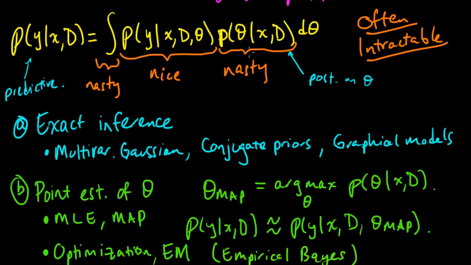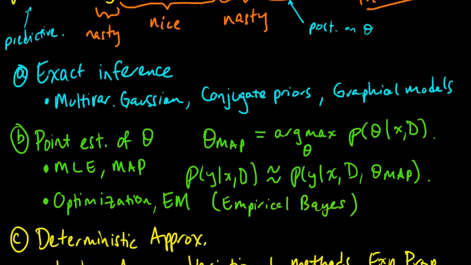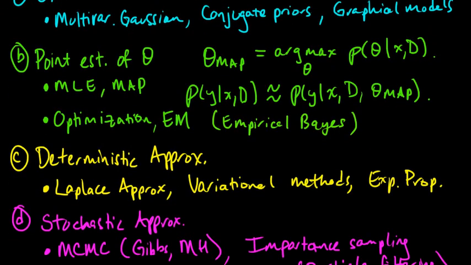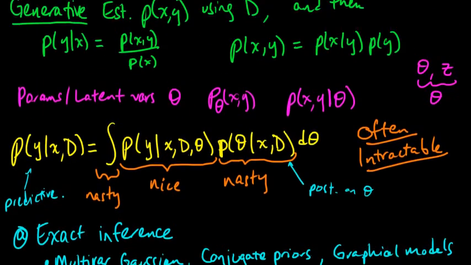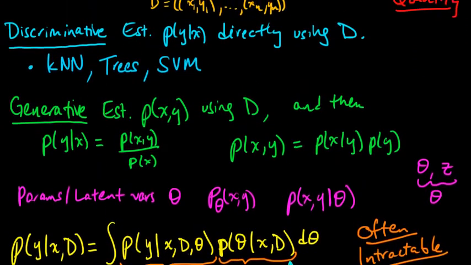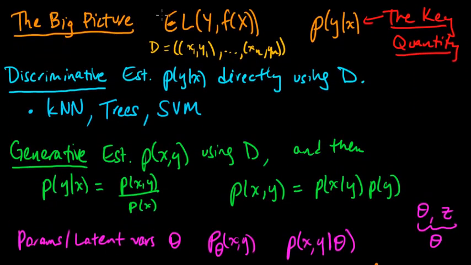So this is the big picture. This is how all these pieces fit together. You can think of them all as coming back to trying to solve this problem, which arose from our original motivation, which was minimizing our expected loss from a decision theoretic perspective, and trying to find these conditional distributions on the y.